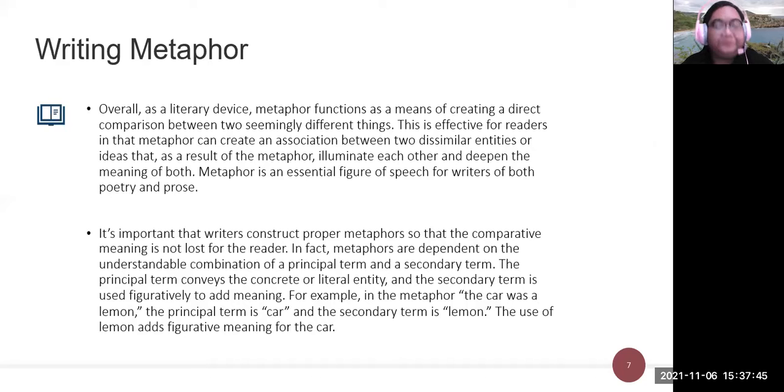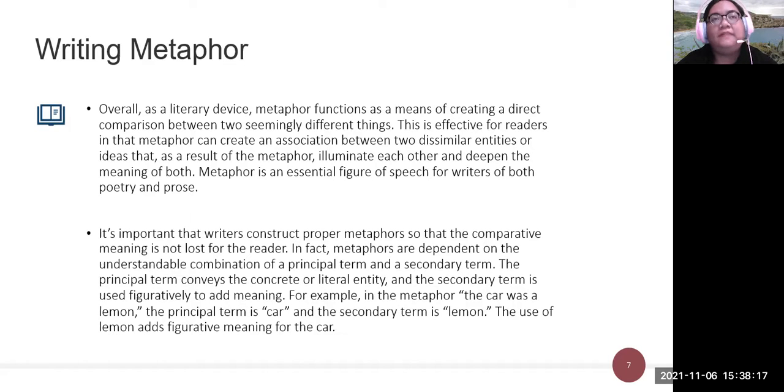Now, writing metaphor. Overall, as a literary device, metaphor functions as a means of creating a direct comparison between two seemingly different things. We have got that down, right? This is effective for readers in that metaphor can create an association between two dissimilar entities or ideas. As a result, the metaphor illuminates each other and deepens the meaning of both.